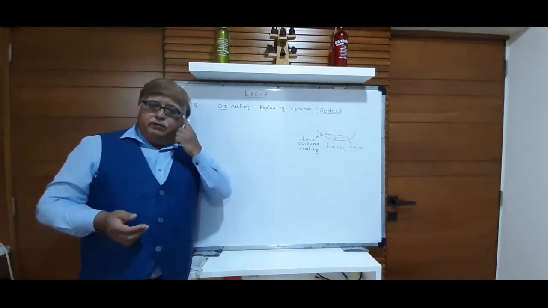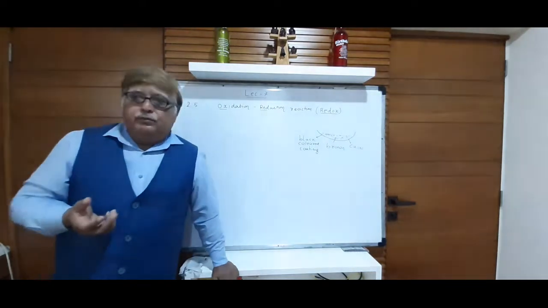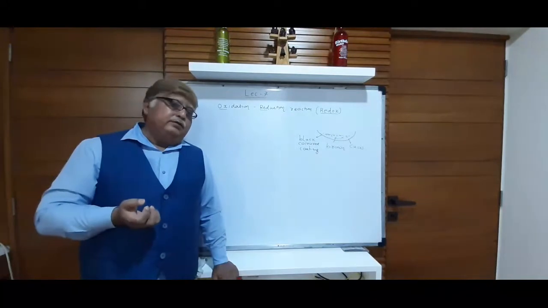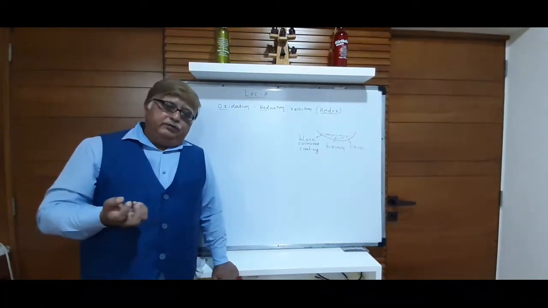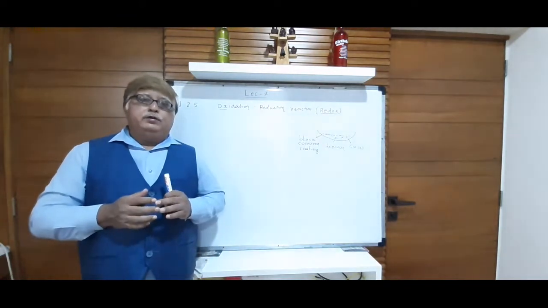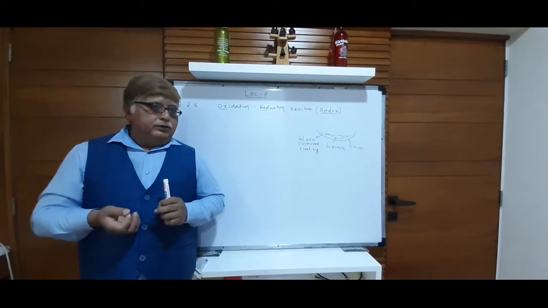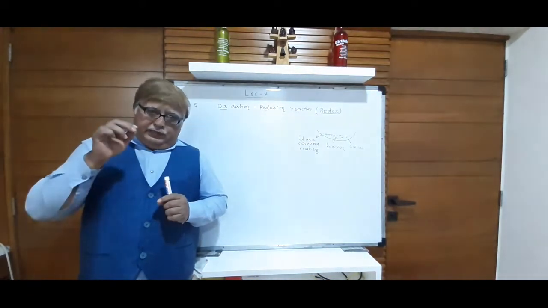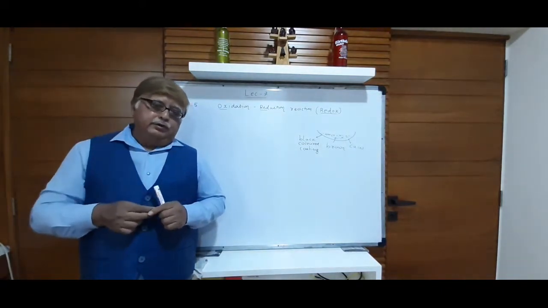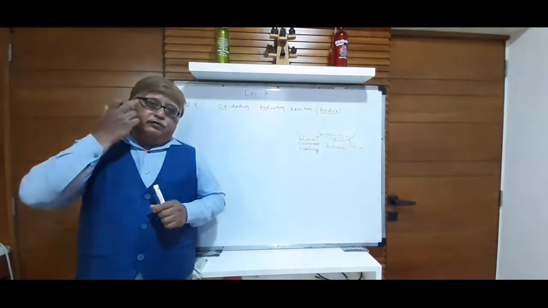This is what we have studied in the activity, that we have taken copper powder in china dish and it is initially reddish brown in color, and when it is exposed to air, a black colored coating deposits on copper powder. Why did this happen?